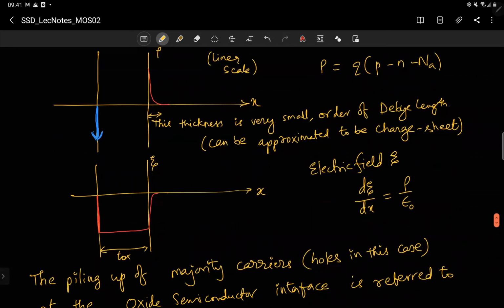Now if you look at the electric field, it is given by dE by dx equal to rho by epsilon naught. Rho is positive here, so the electric field slope should be positive, and the direction should be negative, because it goes from positive to negative. That is why I have drawn it this way. There is a positive slope because rho is positive, and it decays to 0 because there is no charge beyond this space charge region.